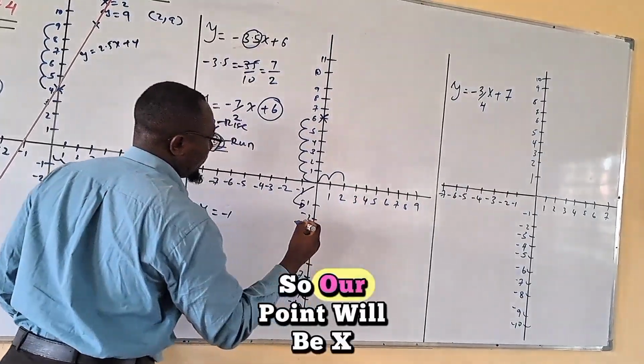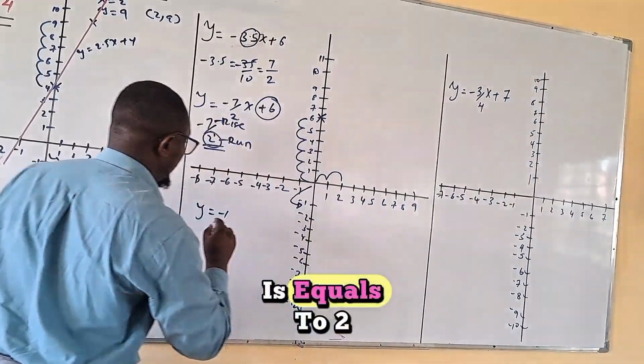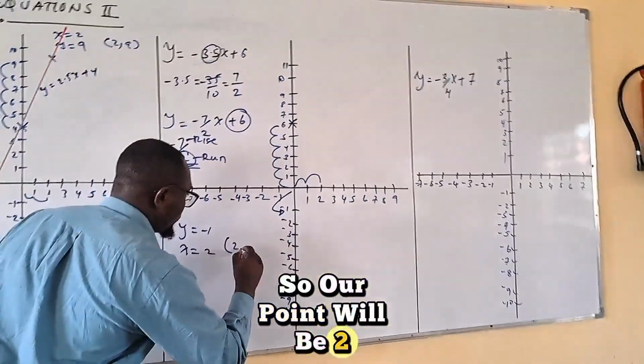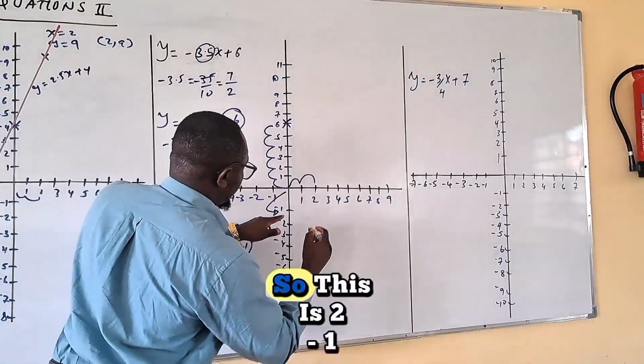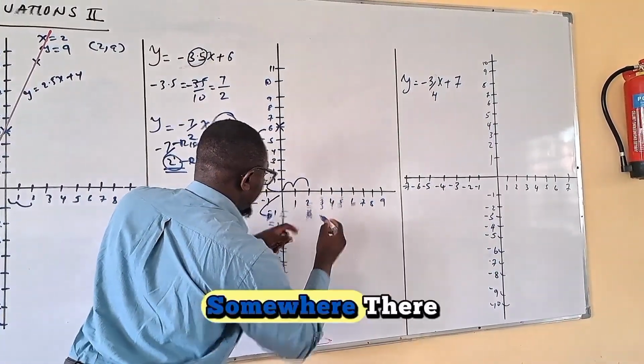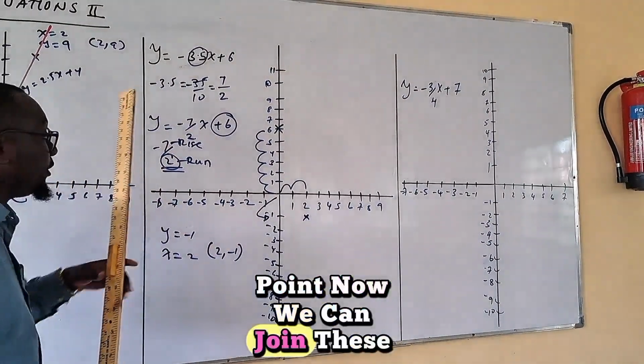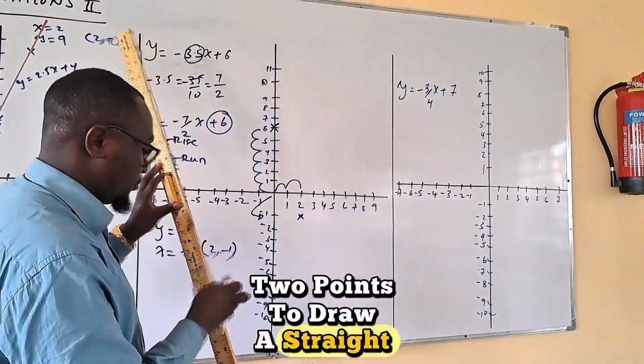So our point will be x is equal to 2. So our point will be (2, -1). So this is (2, -1), somewhere there. And since we have the second point, now we can join these 2 points to draw a straight line.